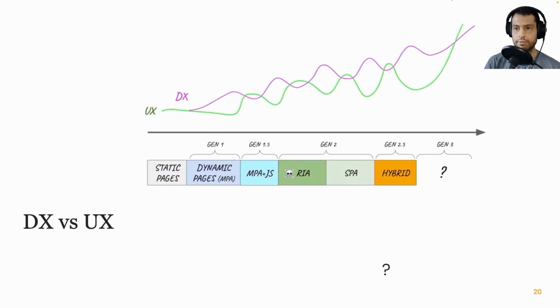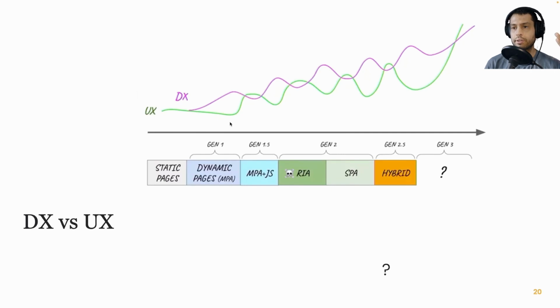This is a subjective graph of how DX and UX relate to each other with each new technology introduced. I stole that from a presentation at a conference, but I pretty much agree with it. I think that when a new pattern is introduced, typically it solves a user experience problem that is present.